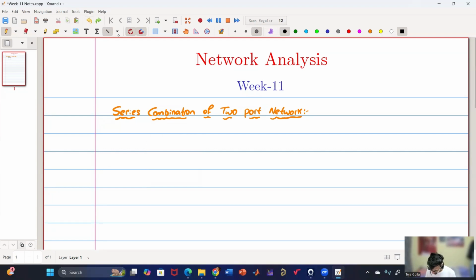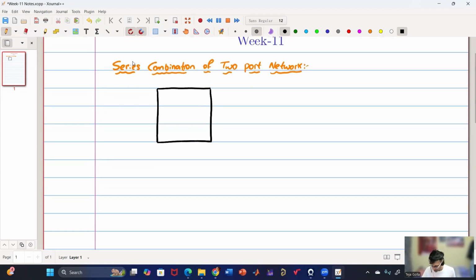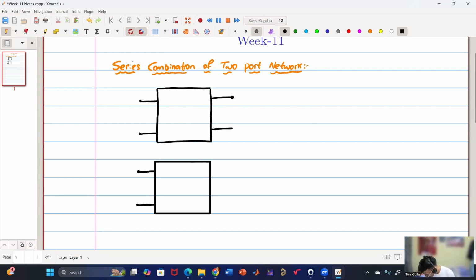We have a two-port network here, and we have another two-port network here, and let this be inputs. This is also input. This is output for both the ports.